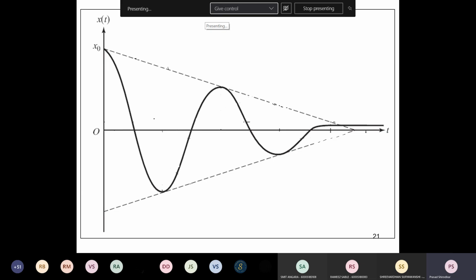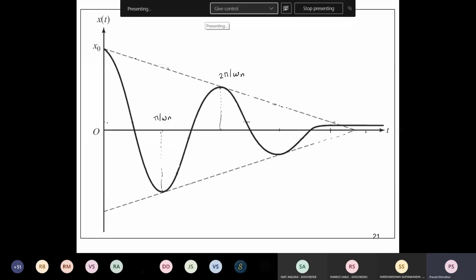Now, if you see this graph, the entire motion is analyzed over a period of 2π/ωn, and half of that is π/ωn.